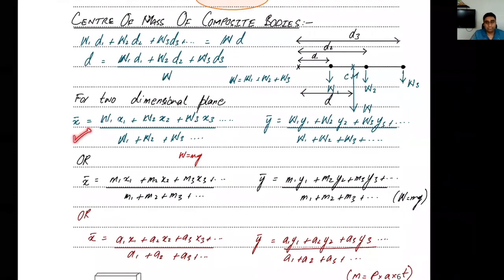But we only needed this formula for an object along one dimension, along a straight line. For a two-dimensional object, there would be x bar as well as y bar. So it's more like finding the coordinates of the center of mass, just like in coordinate geometry: you have the x coordinate of the center of mass, you have the y coordinate, and you have to find both of them.